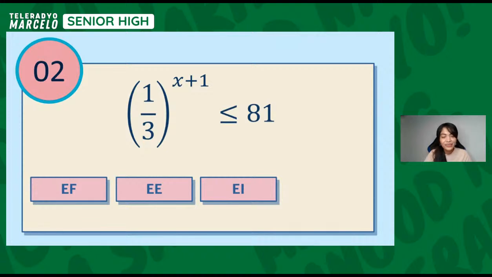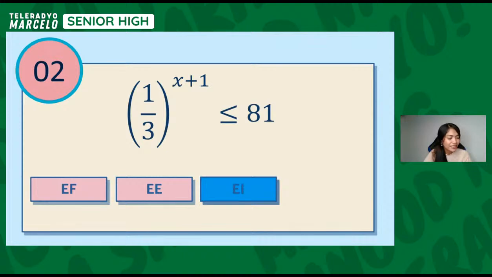Okay, let's find out the correct answer. The correct answer here is EI. This one is an exponential inequality. Why? That is because this is an inequality that involves exponential expressions. Okay? So that's it for number 2. Very good yung mga nagsagot ng EI.